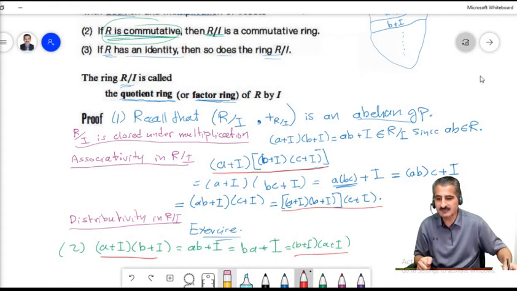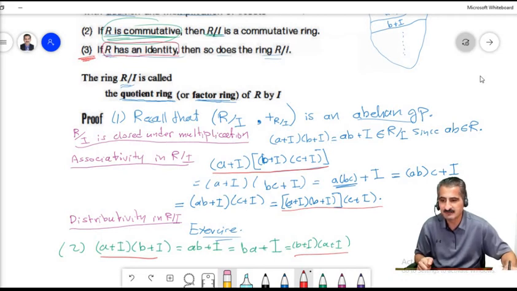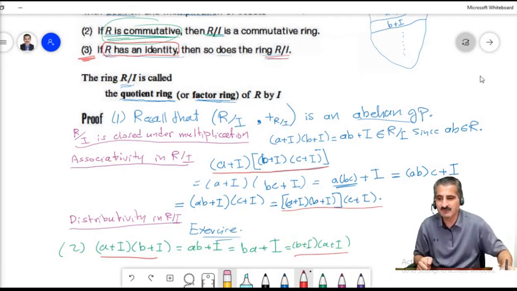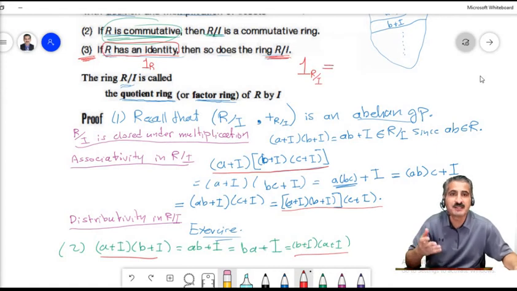Now, what is the identity, part 3 here? What is the identity of R over I? It says if R has an identity, then R over I has an identity. So if we denote the identity of R by 1 sub R, then the identity of R over I must be a coset, right?